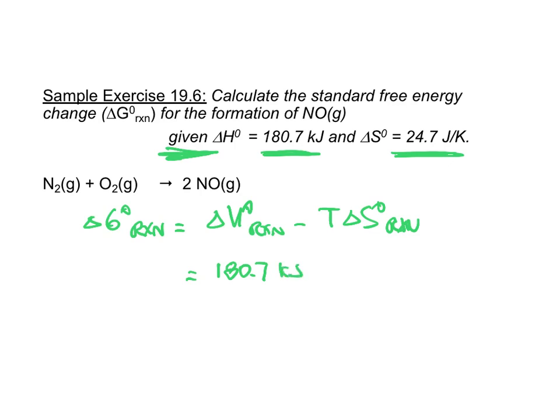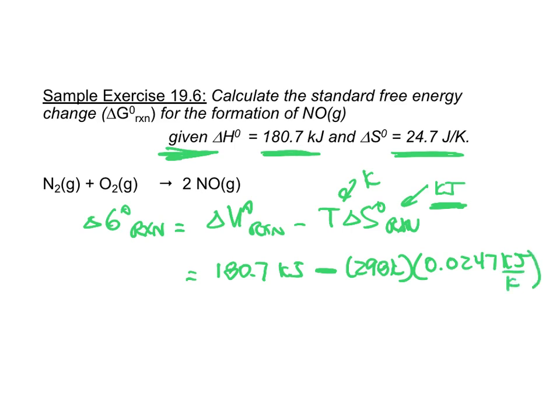180.7 kilojoules. Now here's where it becomes tricky, and I'd often say in class, what do we need to do? Well, we can't use 25. We need to use 298 Kelvin because the temperature must be in Kelvin. And in terms of the S, we have to use it in terms of kilojoules because that's what we've put delta H in. So we would multiply it by 0.247 kilojoules per Kelvin.